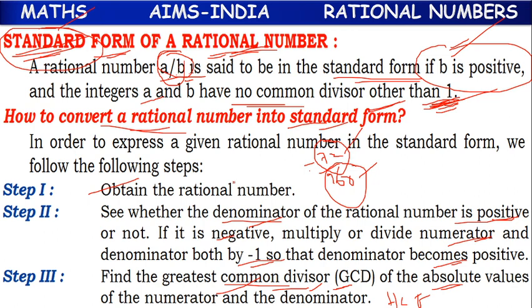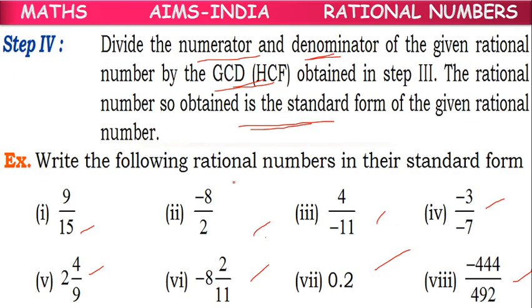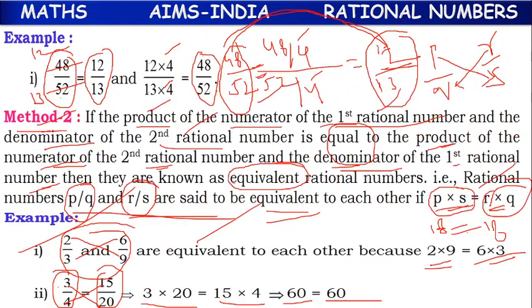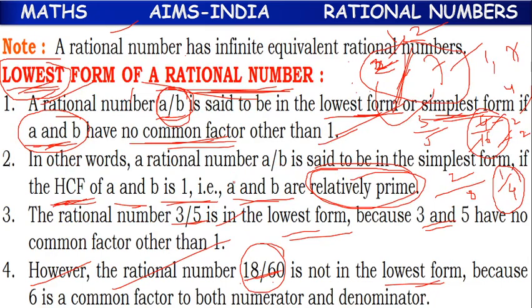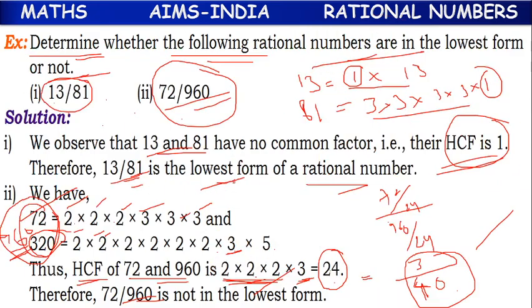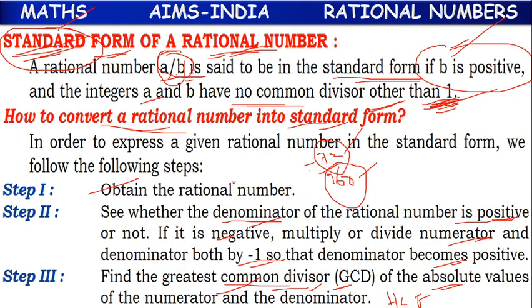We have to multiply with minus 1 or divide with minus 1, both numerator and denominator. If they have a common divisor, we have to divide with their HCF. Like that we can change into standard form. So we have learnt about equivalent rational numbers, about lowest form of a rational number, and about standard form of a rational number.